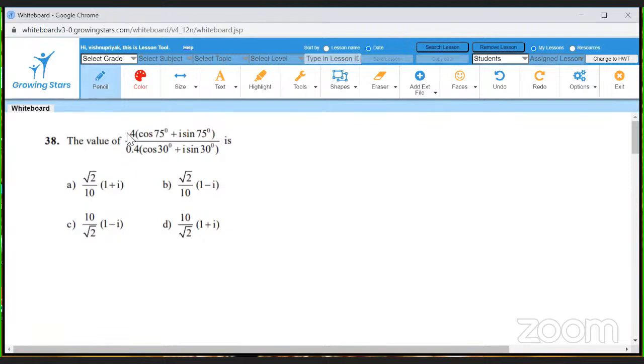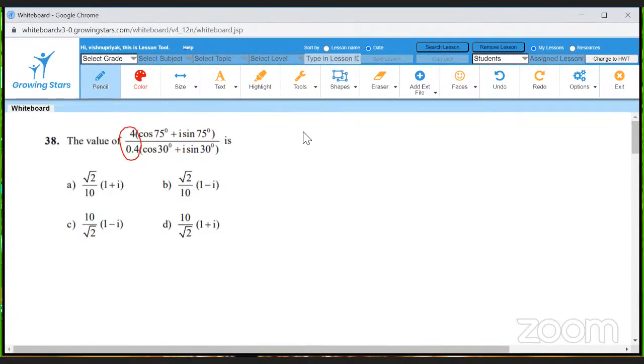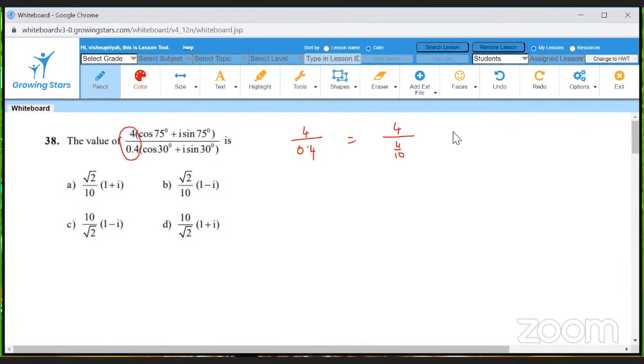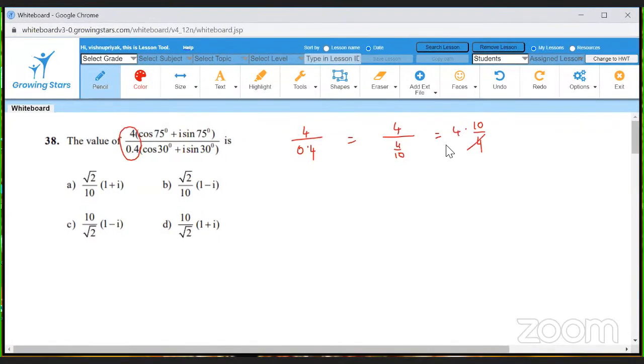First of all, I will see this part, numbers. 4 by 0.4. 0.4 is 4 by 10. So 4 into 10 by 4. So 4 and 4 will cancel. If I see this, I will get 10.